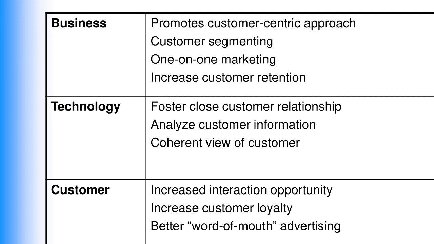So these are the three aspects you are seeing: business, technology, and customer. In business, it promotes a customer centric approach. Then we can also go for customer segmenting, and nowadays one on one marketing. Wherever you go nowadays, people talk about one on one marketing, where customers are individually contacted about how far they are enjoying the services and how far the product is useful to them.